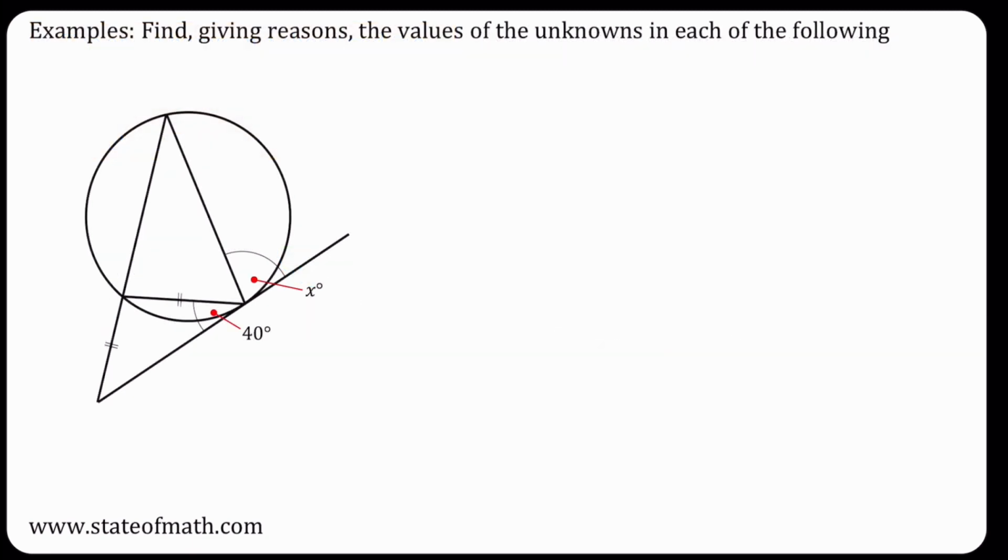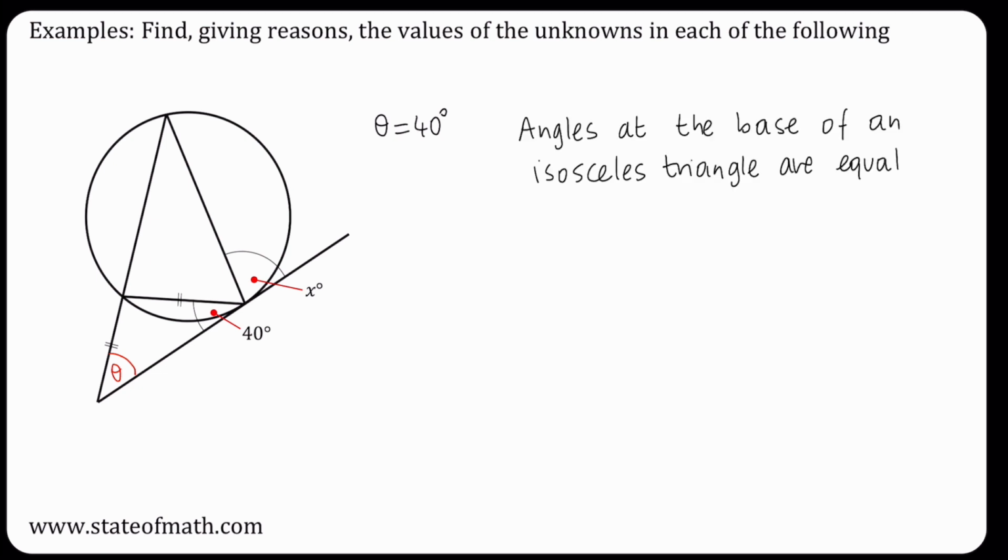In this example here, we need to find the unknown x, giving reasons to justify our workings. We start by noticing that we've got an isosceles triangle here. If I label the angle here as theta, then theta must be 40 degrees. And the reason is that angles at the base of an isosceles triangle are equal.